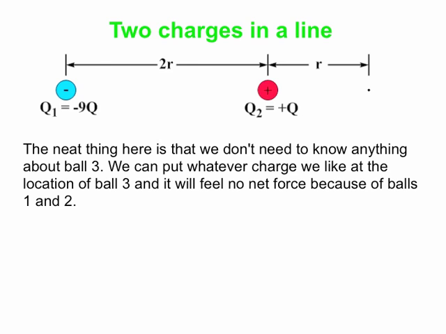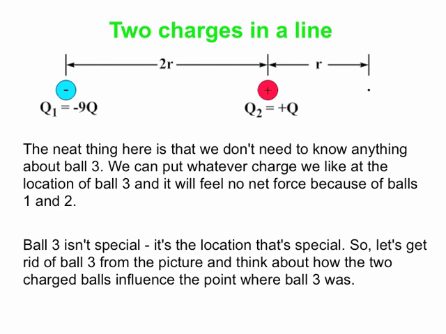So the charge on ball 3 itself isn't special. It's the location where ball 3 is that's special. Let's take ball 3 out of the picture and think about that location where ball 3 was, and think about how object 1 influences that point separately, and how object 2 influences that point. And their collective influences have to cancel out.